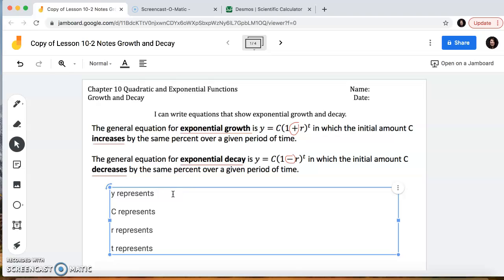Well, the y represents the final amount, so the answer that you're looking for. C represents the initial amount, your starting amount.